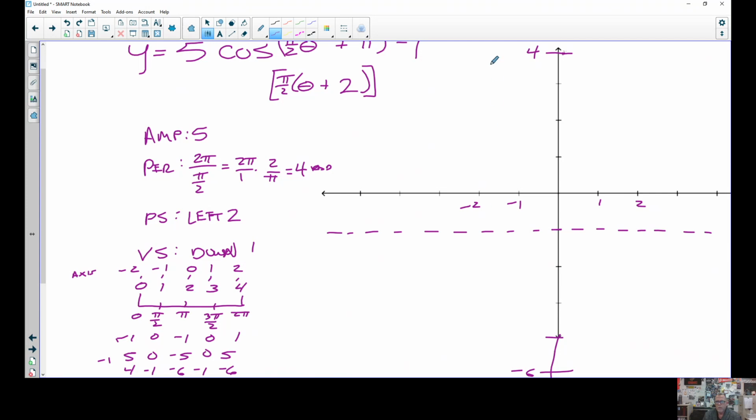So starting here, I'm going to go to my high point. Then I go to my midpoint, right? We're back at -1 in this case, because that's -1. And then down to my low point at -6. So I'm going to be down here at -6, then back to my middle and up to my high point.